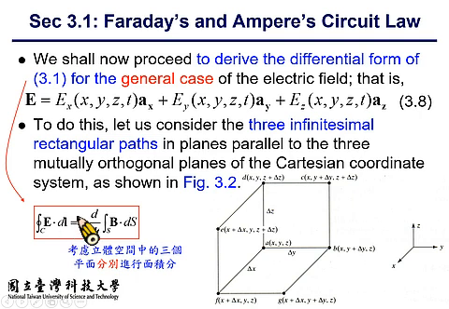Faraday's law in integral form, that is, the closed loop integral of E equals the minus of the time derivative of the surface integral of magnetic flux density, can be transformed into a problem like this. So you have three regions, including the xy plane, yz plane, and the xz plane.